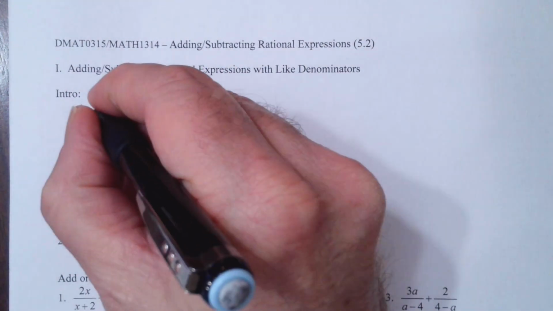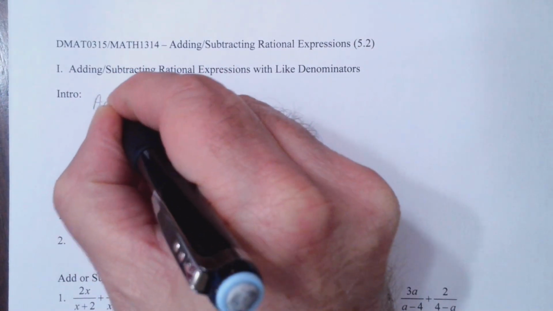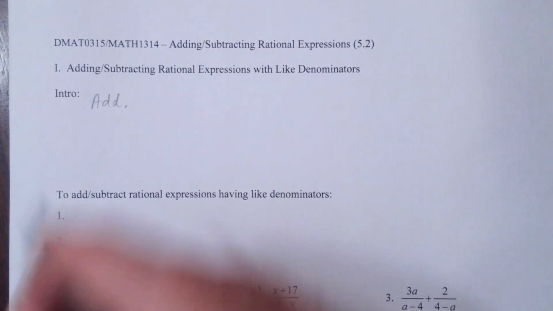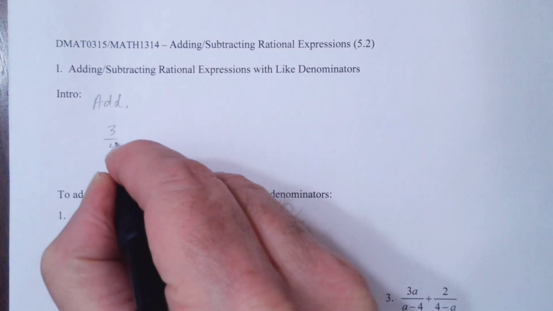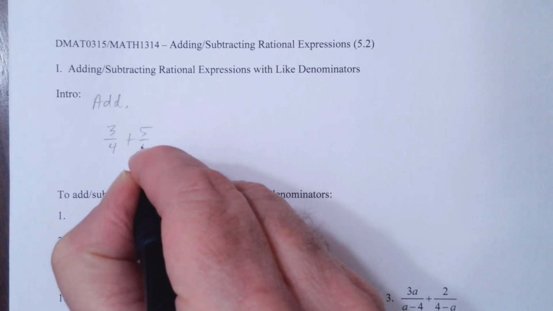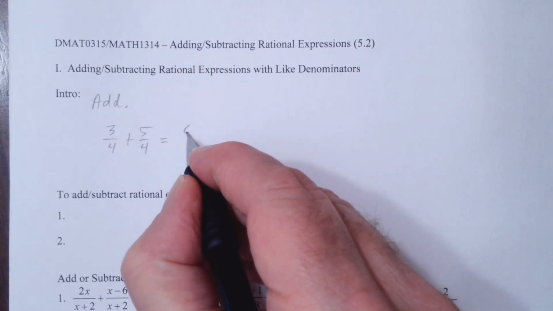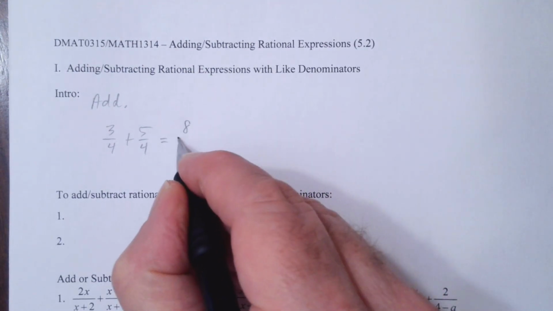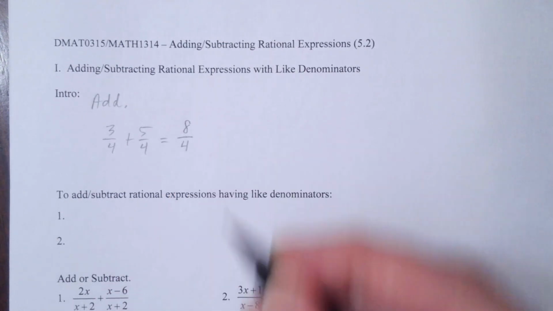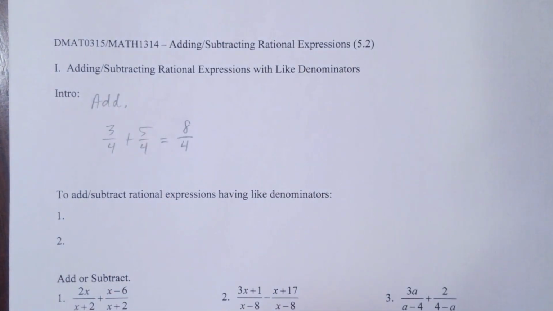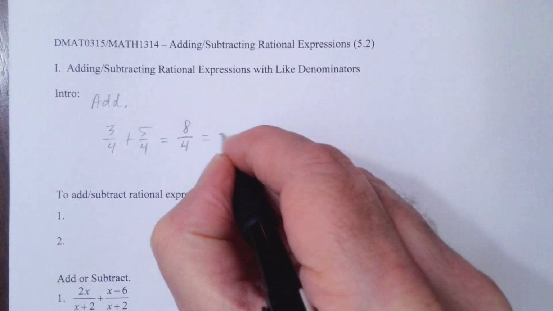So first of all, if I were to say add, and I gave you 3/4 plus 5/4, you would add the numerators and you'd get 3 plus 5 is 8, and you would get 4 as a denominator, and this is equal to 2.